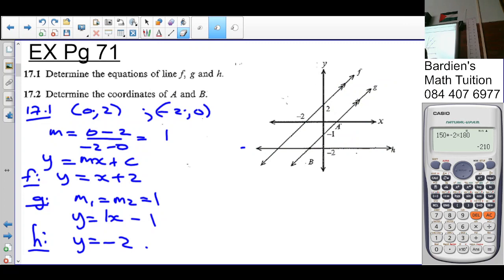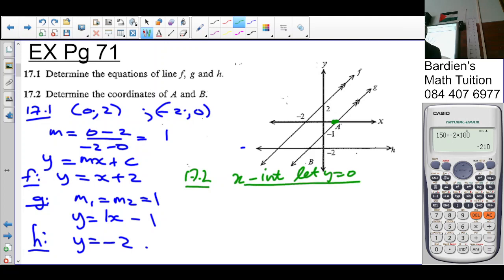Next question. The question says, determine the coordinates of A and B. If you look at A, well, A is what? X-intercept. What do you do for x-intercept? Let y equal to 0. So you see this line, A is lying on G. So I can only use the equation of G, which is that there.